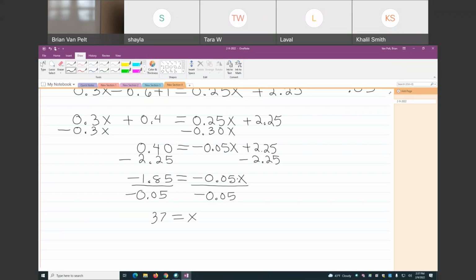Take 0.4, get your calculator, and do 0.4 minus 2.25. Let your calculator help you out with these things. That's what it's there for, right? So that's the whole point.